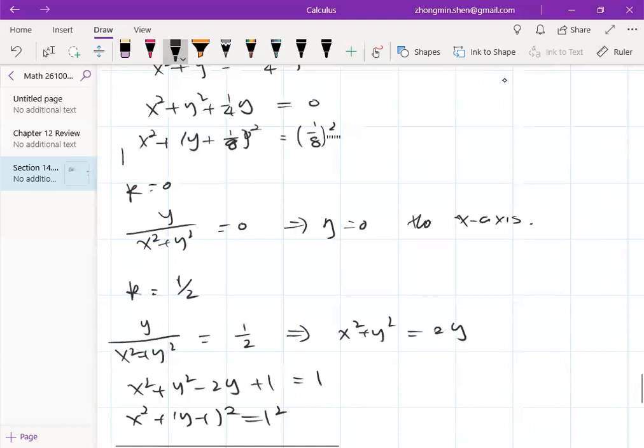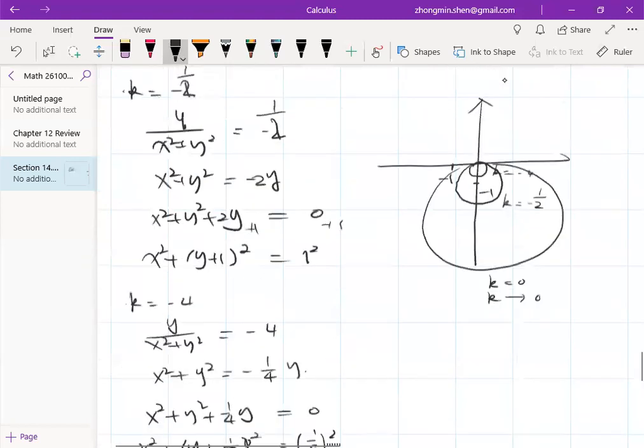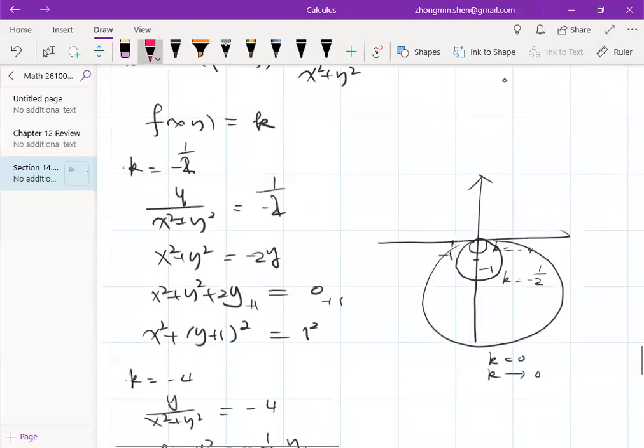Okay, so let's go back to the picture and the things we are using. I'm going to just use a different color. So this is k equals 1/2, and you also have a bunch of curves. When k is getting large, you get small circles that shrink to the point.